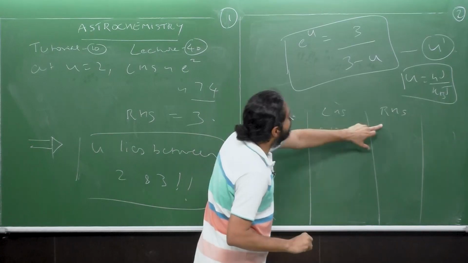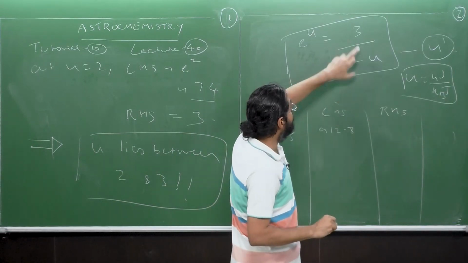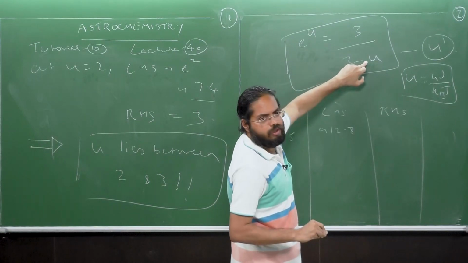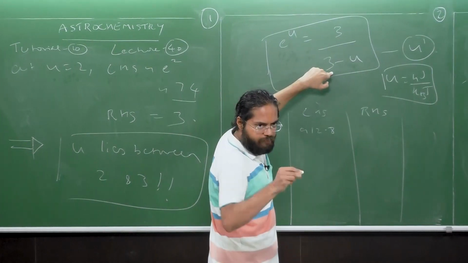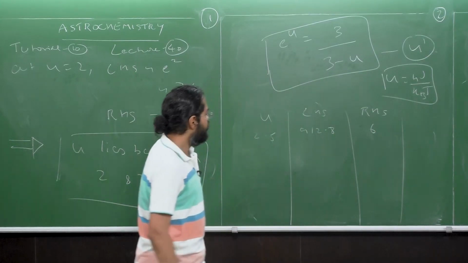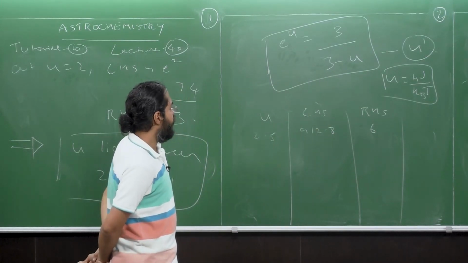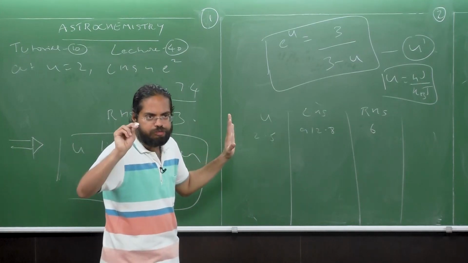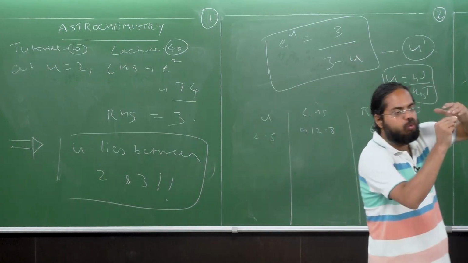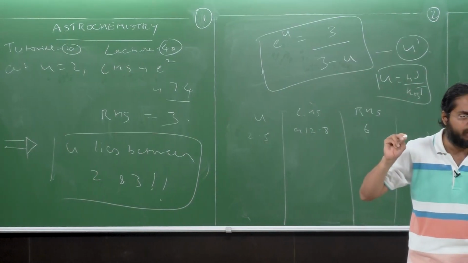And the RHS is 3 by 3 minus 2.5, which is 3 divided by 1/2, which is 6. You notice that now again we have a choice. We have a choice of either going to 2.4 or 2.6.